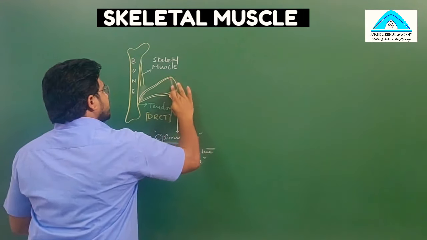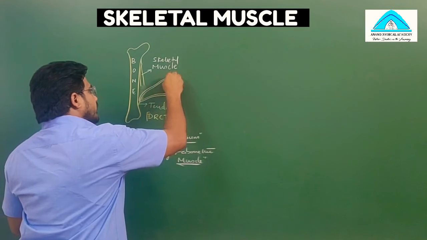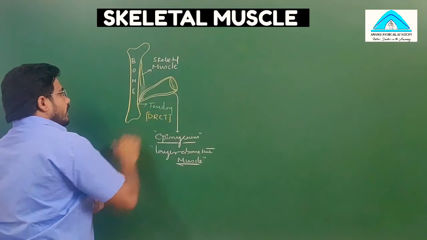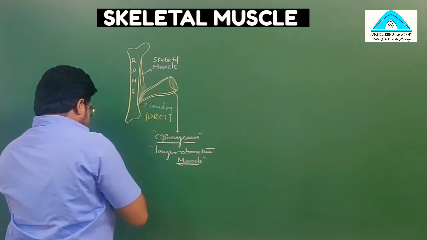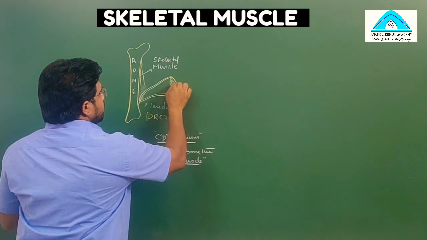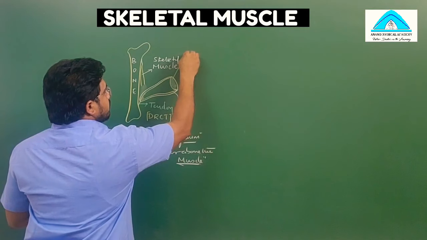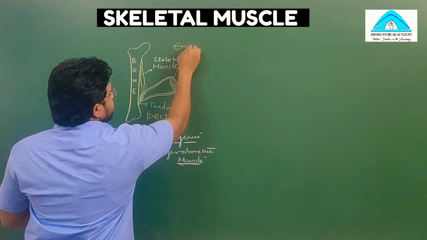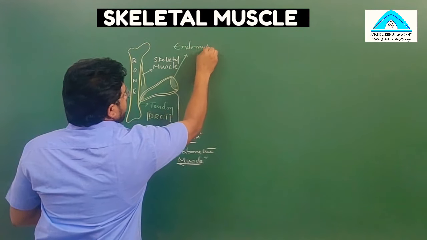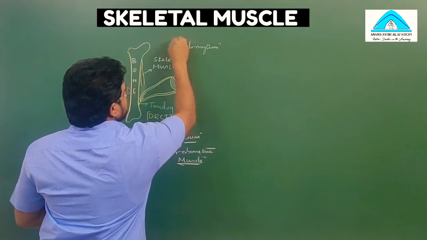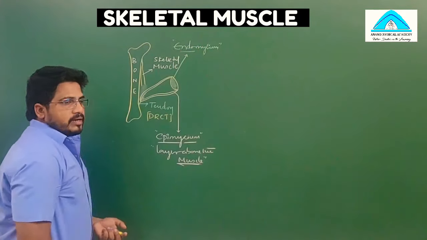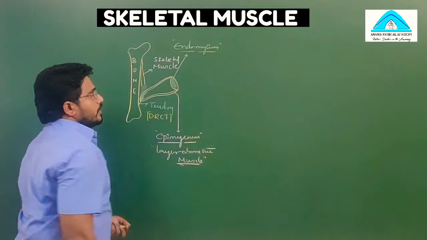Inside this, in the transverse section, the entire space inside the muscle is called endomysium. Terminology is applied here: endo means inside, myo means muscle.